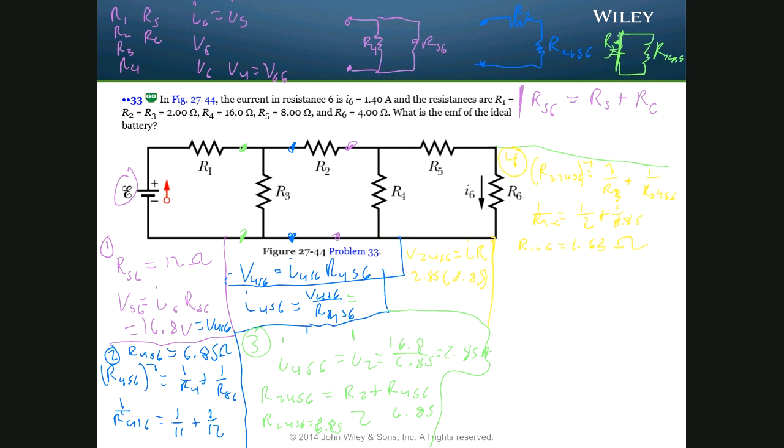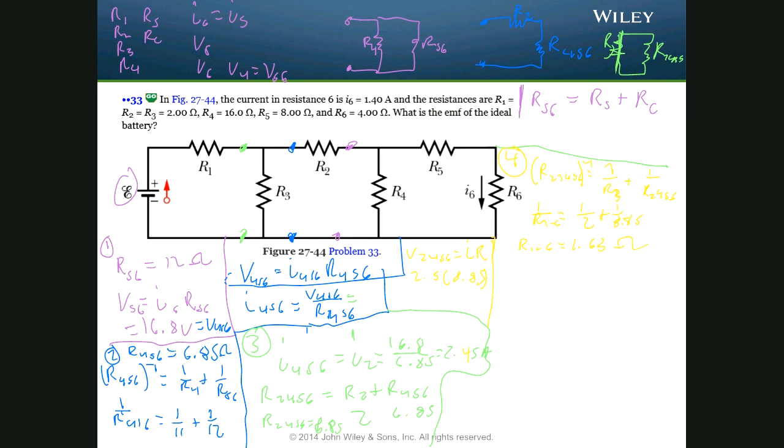And writing down something wrong is inevitable. Are you sure it wasn't 2.85? I thought someone got it's 16.8 divided by 6.85. That's 2.45? Okay. I will trust you all. Let me make sure I didn't mess it up somewhere else. 2.45. There we go.